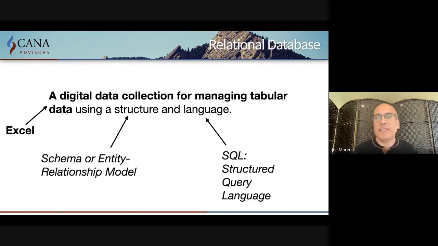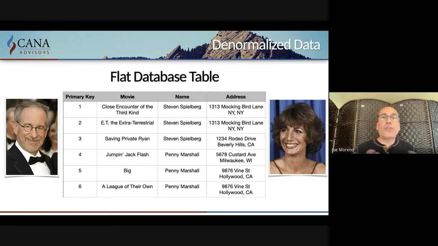Most popular one is SQL, sometimes called SEQUEL, which stands for Structured Query Language. I'm going to walk through an example of taking a denormalized database and normalizing it into a relational database. When we use terms like normalized or denormalized, normalized simply means we're not repeating business data unnecessarily.